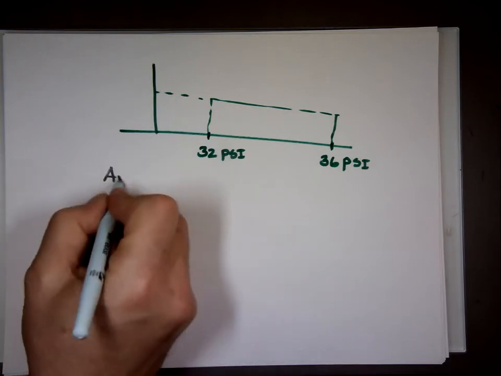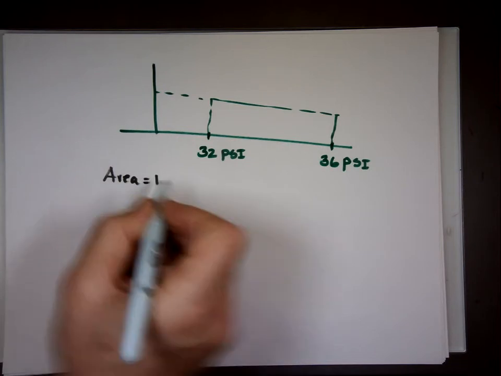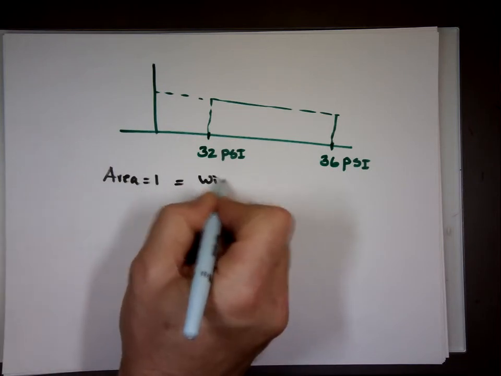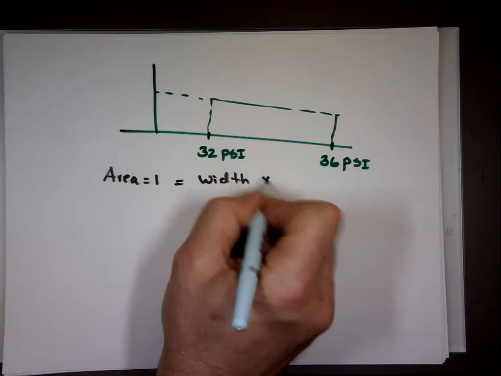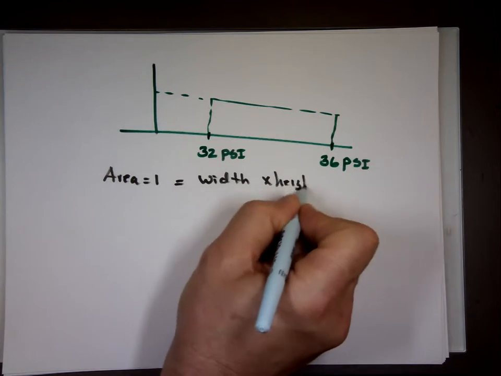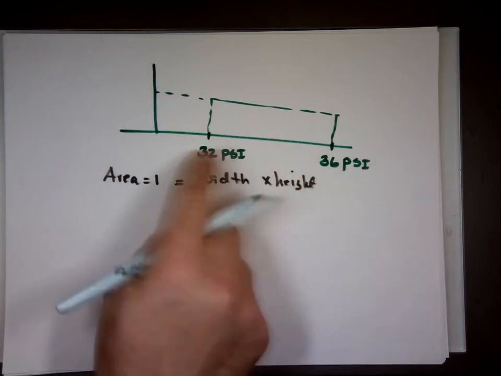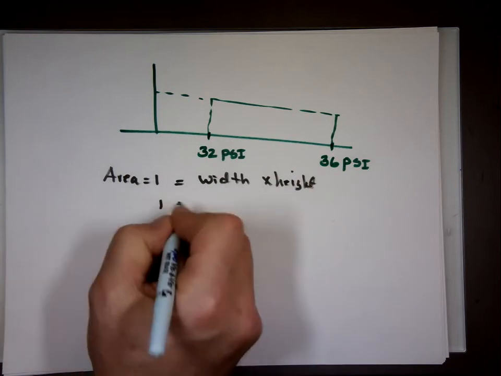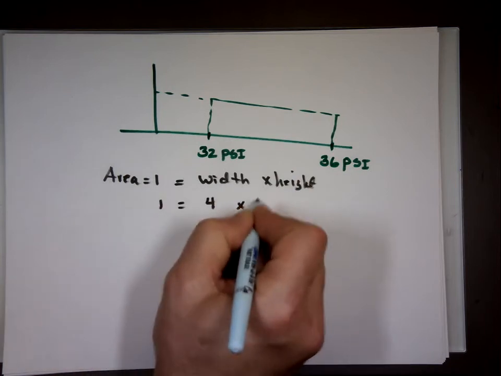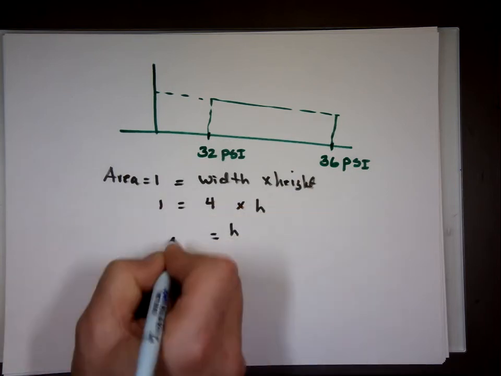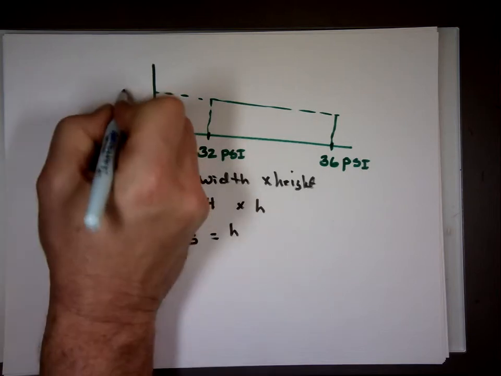The area has to be 1. Area is width times height. What's the width from here to there? Is that 4? What's the height? 0.25. So the height has to be 0.25.